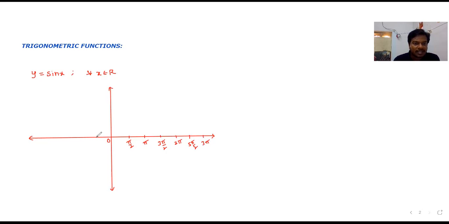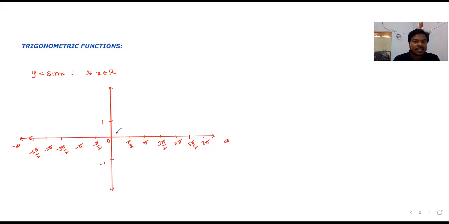In the same way, minus pi by 2. Second minus pi by 2 means minus pi. Next, minus 3 pi by 2, minus 2 pi, minus 5 pi by 2, and then minus 3 pi and so on up to minus infinity. Okay. Assume that this is 1, this is minus 1.